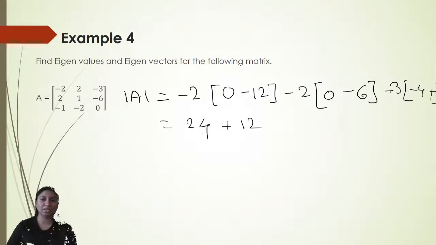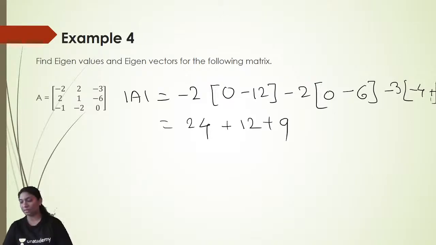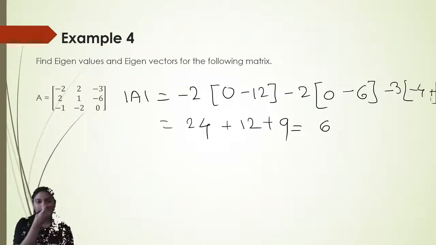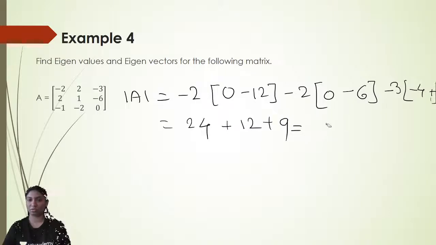So minus 3 into minus 3, 9 plus 9. So here determinant of A is equal to 9 plus 2, 6 and 2 plus 1. So here you will get 9, 4 plus 2, 8, 7.